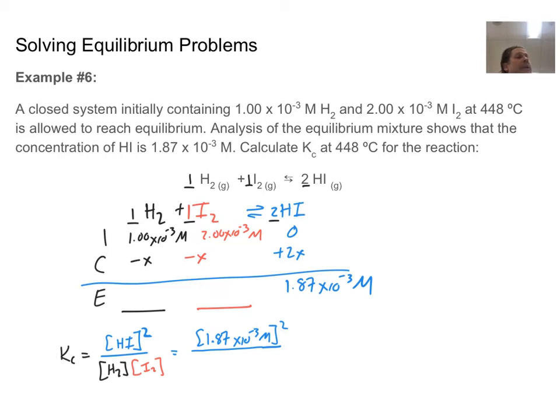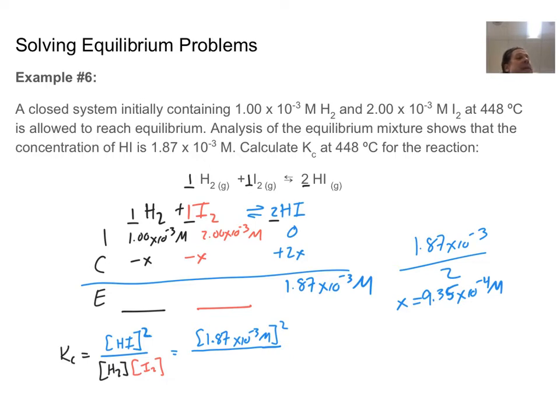So all I'm going to do is cheat a little bit. I'm going to take 1.87 times 10 to the minus 3, and divide it by 2, and I'm going to get 9.35 times 10 to the minus 4 molar. Now, that's going to be X.